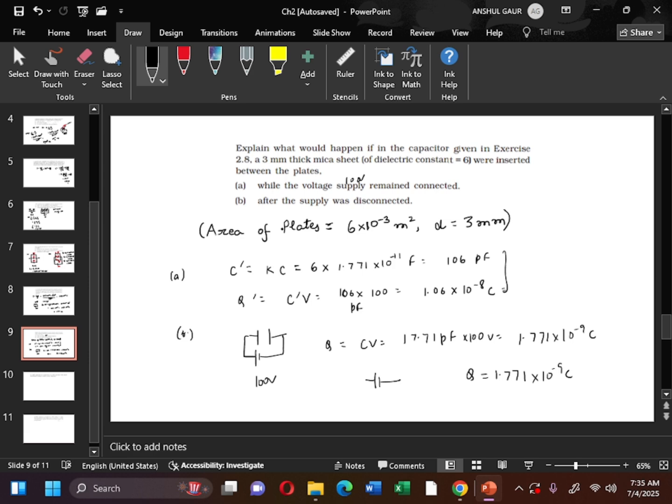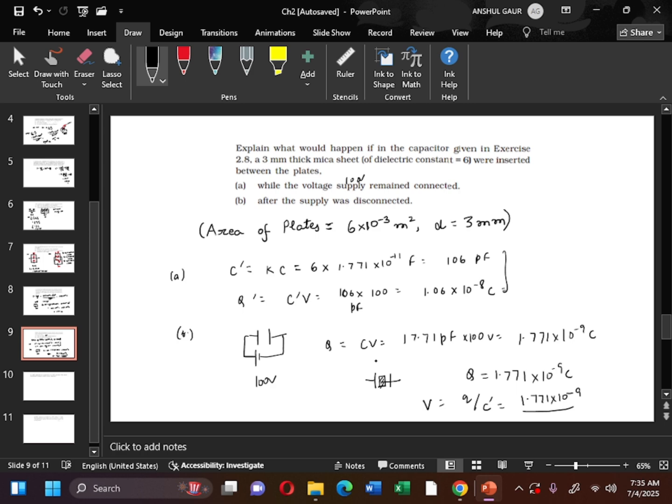And voltage we can calculate as V equals Q upon C. Now Q we have calculated in the previous part as 1.771 into 10 to the power minus 9, and C here is the new capacitance when there is an insertion of the mica sheet between the plates.